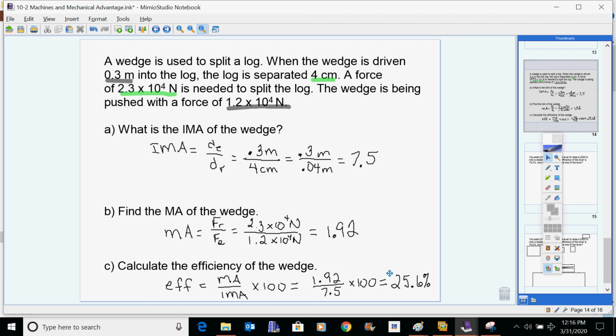As a knife gets more sharpened, it becomes more efficient, and more of that force in goes into the work. If you've ever tried to cut something up with a dull knife, it's not very efficient. The percentage is probably way lower. But when you have a sharp knife, the efficiency would go up and the percentage would go up.